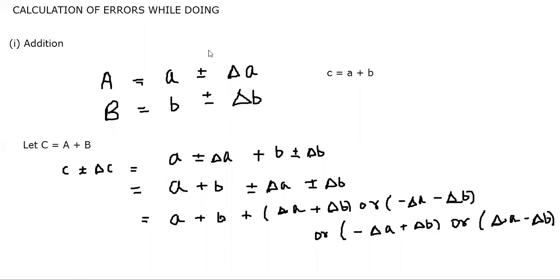That means the value of delta C would be equal to delta A plus delta B. This is the value.